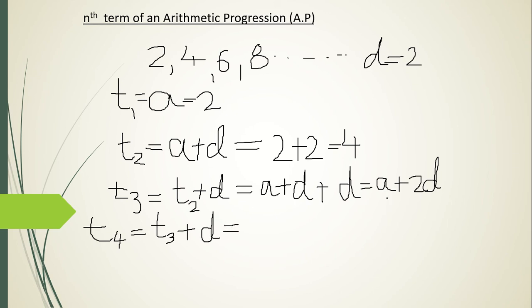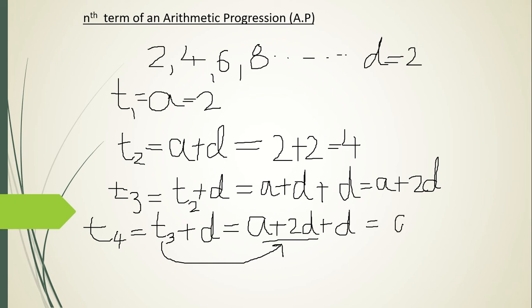Now T3 is A plus 2D, plus this D. So that's going to be A plus 3D.